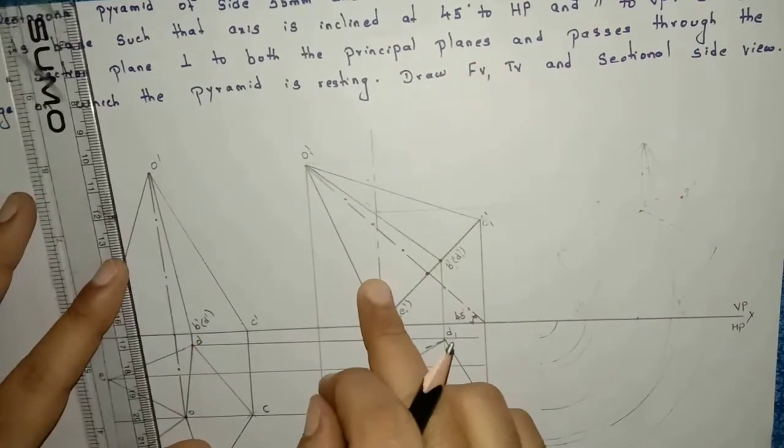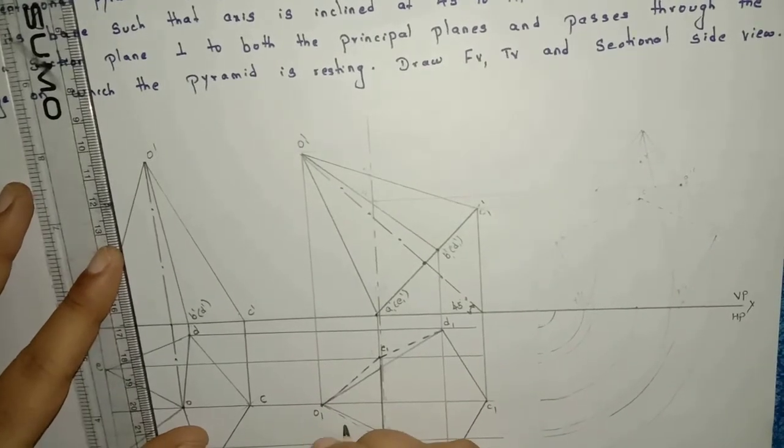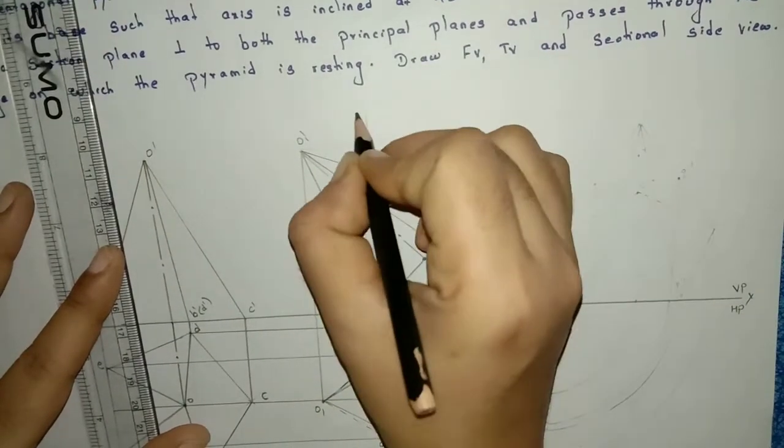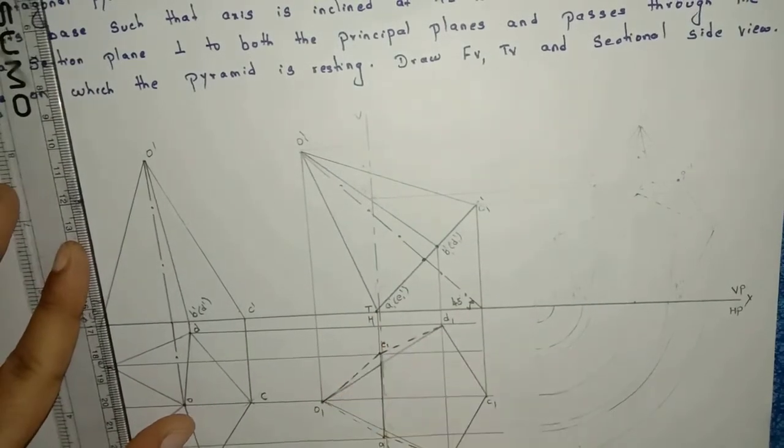Right, now you see sectional plane is perpendicular to VP, sectional plane is perpendicular to HP. So we will write here vertical trace VT, horizontal trace HT.